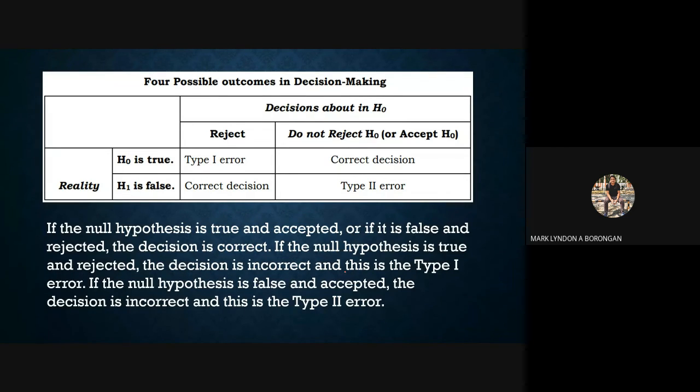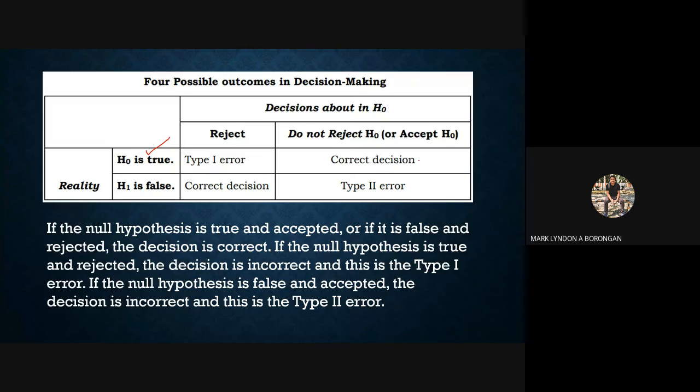So in reality, the null hypothesis could be true, and if the null hypothesis is true, our alternative hypothesis would be false, right? And if the null hypothesis is true and accepted, so we do not reject.